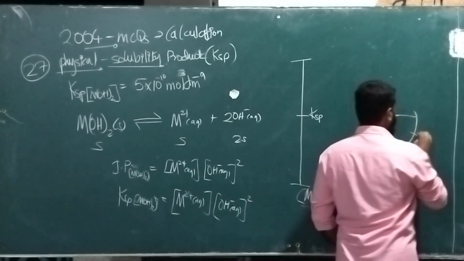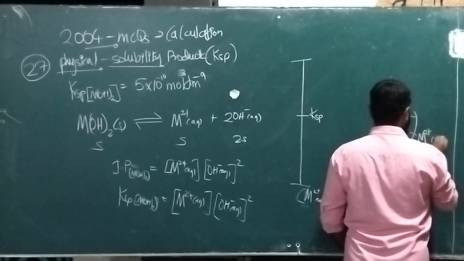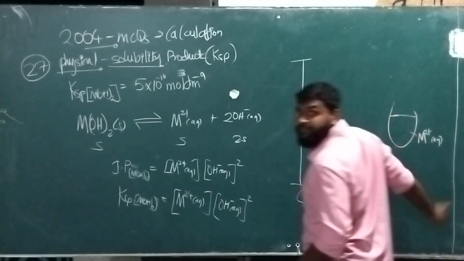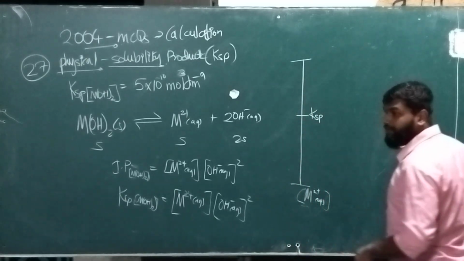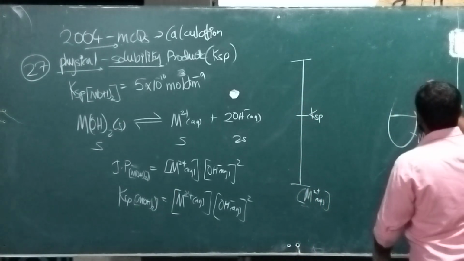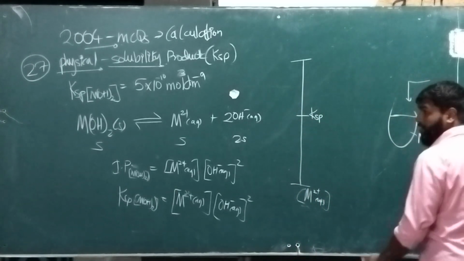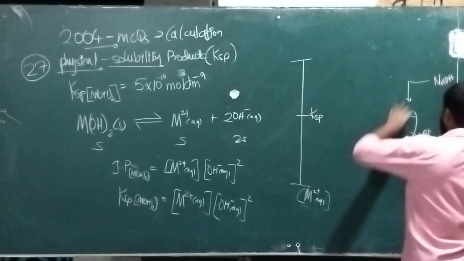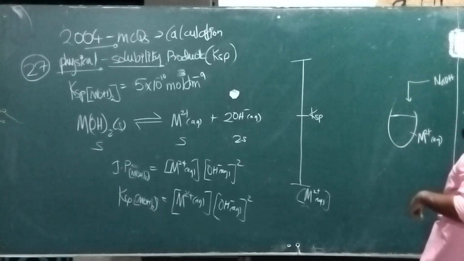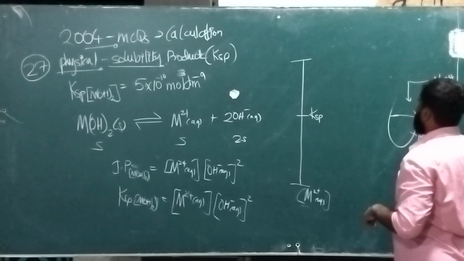Then I'm going to take a strong electrolyte, let's say NaOH, a strong base, and add it dropwise.